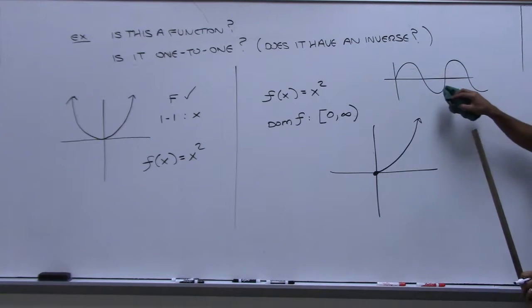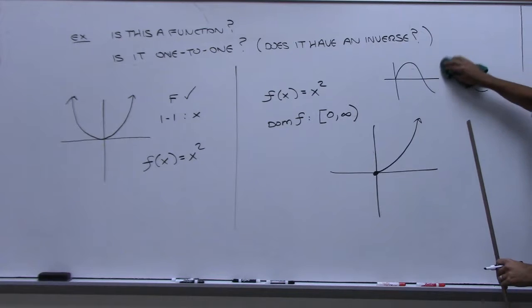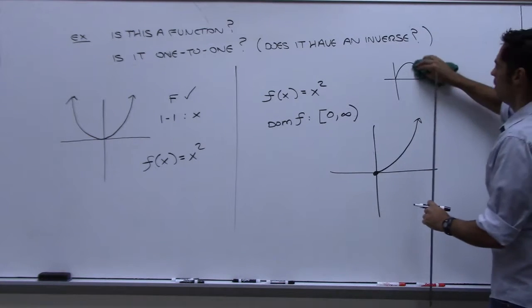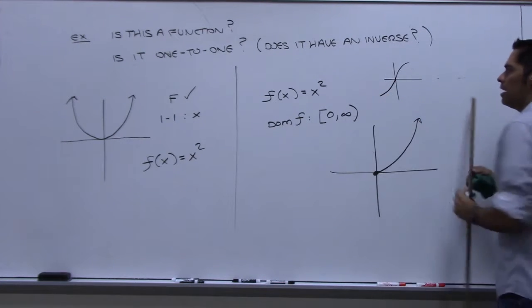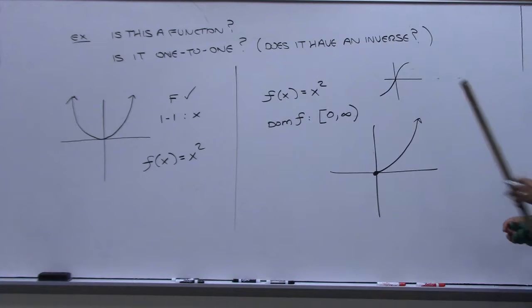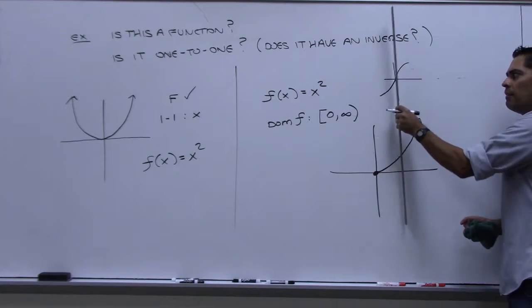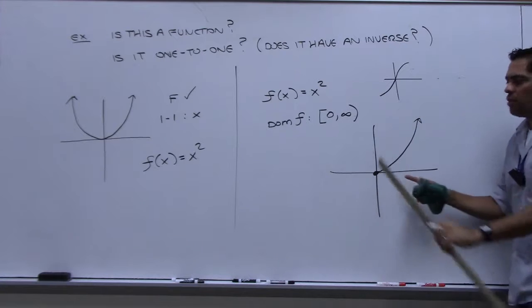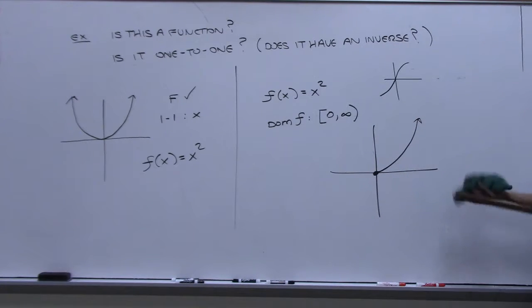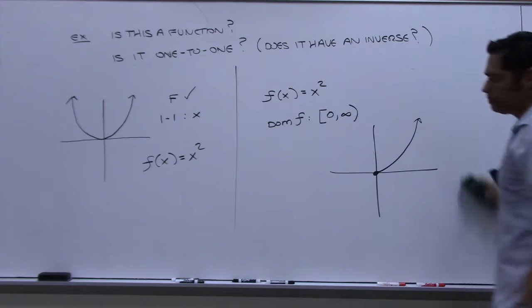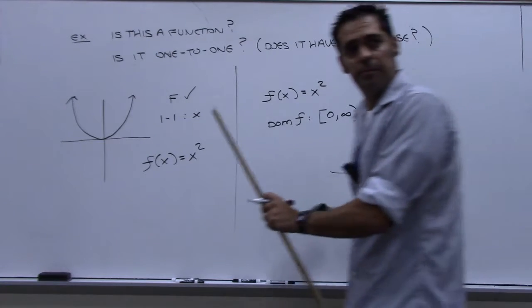So what we do is we restrict it, and we cut it off in a certain way. We actually do it like that for sine. We cut it off like that so that just on this little piece of it, it's a function, it's one-to-one. So this domain restriction is something that comes up later. Okay. Everyone understand that? Let me give you another one.